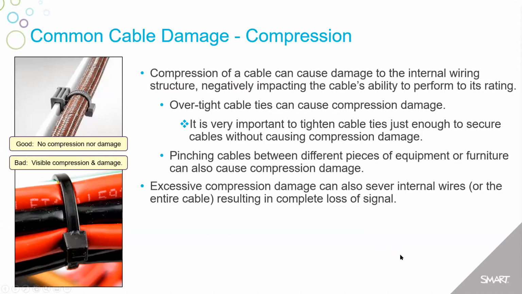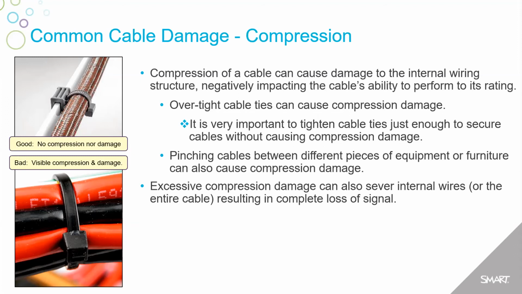One of the most common causes of cable damage is compression. Compression is where the outer jacket of a cable is squeezed so hard that the internal wiring structure gets damaged. Either the electromagnetic shielding has a gap in it, allowing electromagnetic interference, or the wires inside are physically damaged.